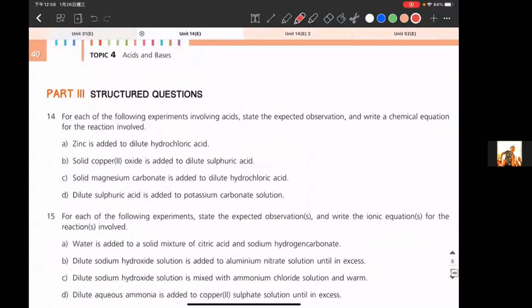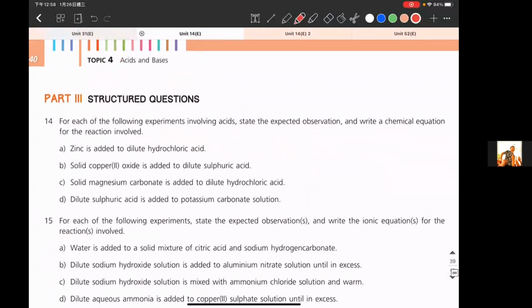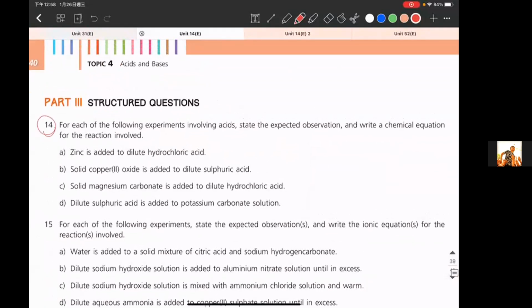So question 14. For each of the following experiments involving acid, state the expected observations. Number 1, 2, write a chemical equation, and number 3, write an ionic equation for me. Okay, I need that 3. I pick the first one as an example.